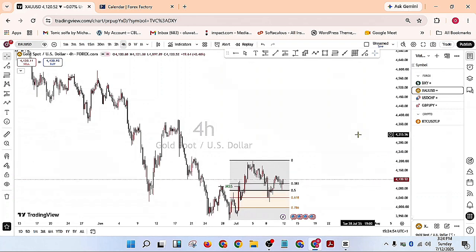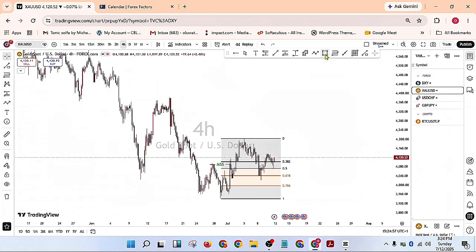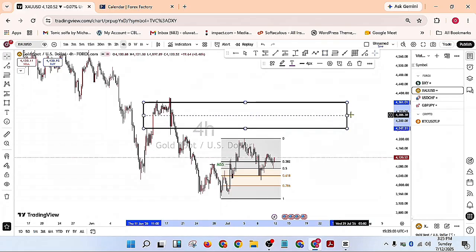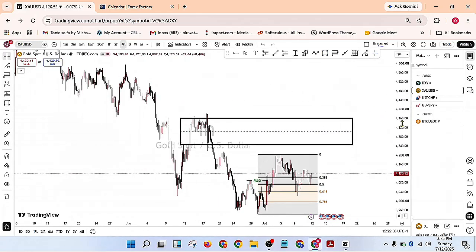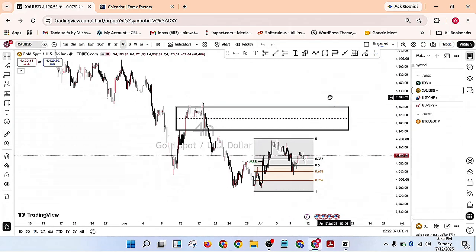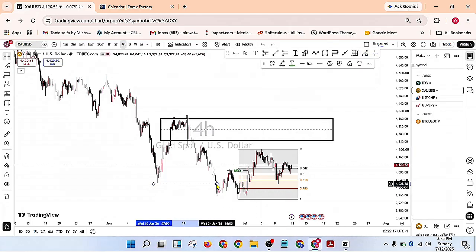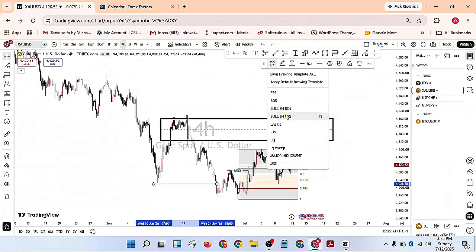Normally if I want to sell, I'll be selling from here. If at all I want to sell, I'll be looking for a selling opportunity here. How do I know that we look for a selling opportunity? Like I said earlier, the general trend of XAUUSD is bearish.